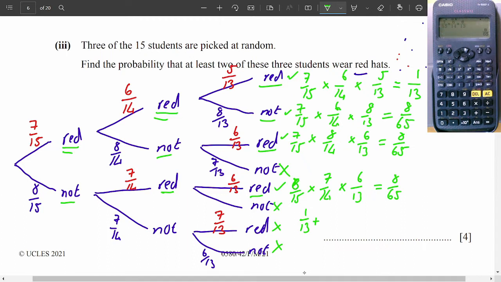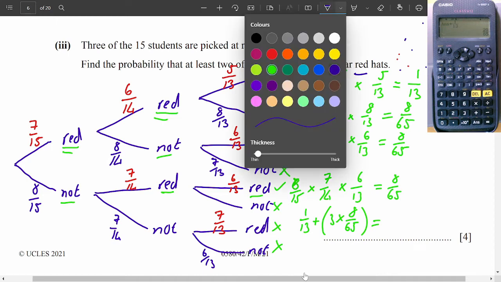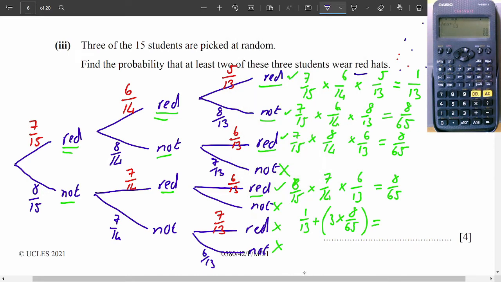Quicker way to do that is to multiply 8 over 65 by 3. So let's do that and add up the 1/13th, and we have a final answer, which is correct.